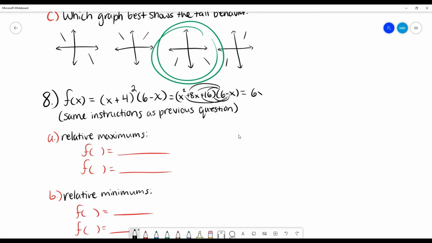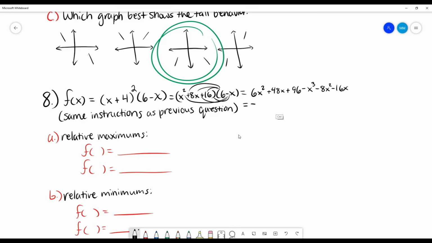This is where it gets trickier, so I have to draw out my lines to help me. Okay, that's the same as 6x squared plus 48x plus, let's see, 64 plus 32 is 96. Okay. Minus x cubed minus 8x squared minus 16x. All that equals negative 2x squared.